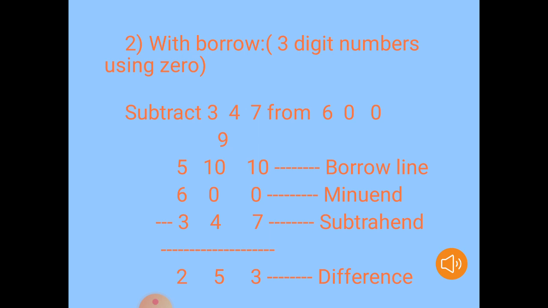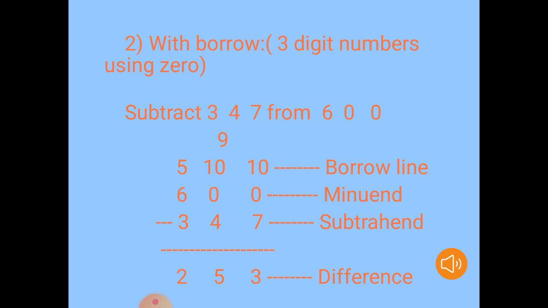Starting the process of subtraction from the units place, 0 minus 7 is not possible. So we go to the next place, that is the tens place. Here again we have a 0. So we cannot borrow anything from 0. So move ahead, go to the hundreds place.